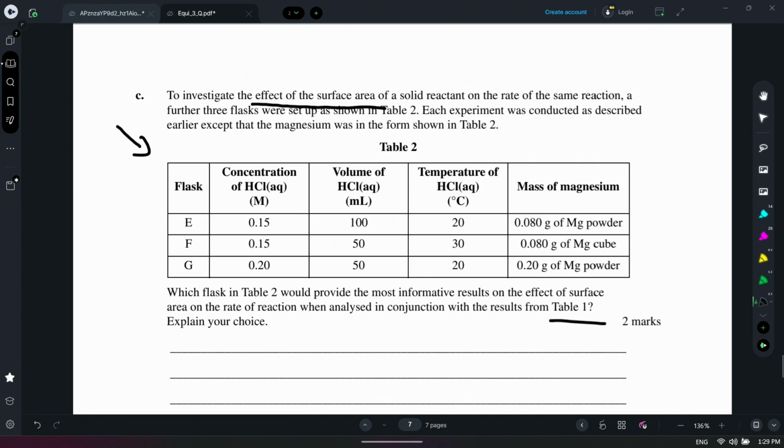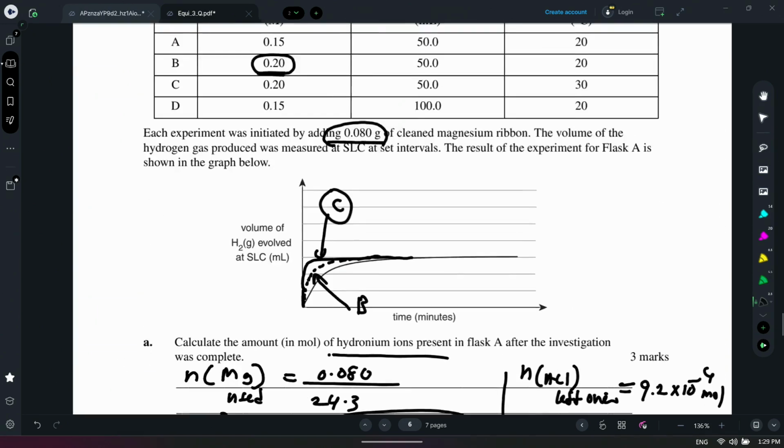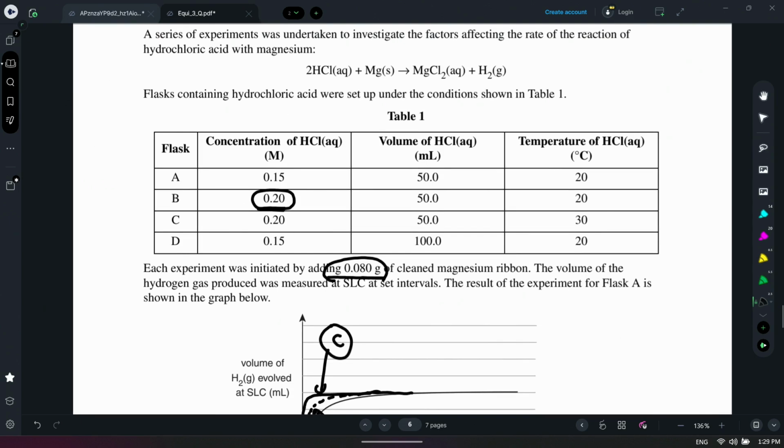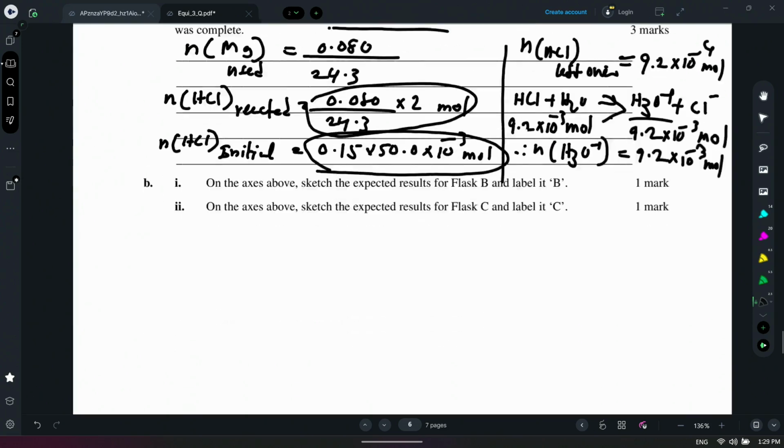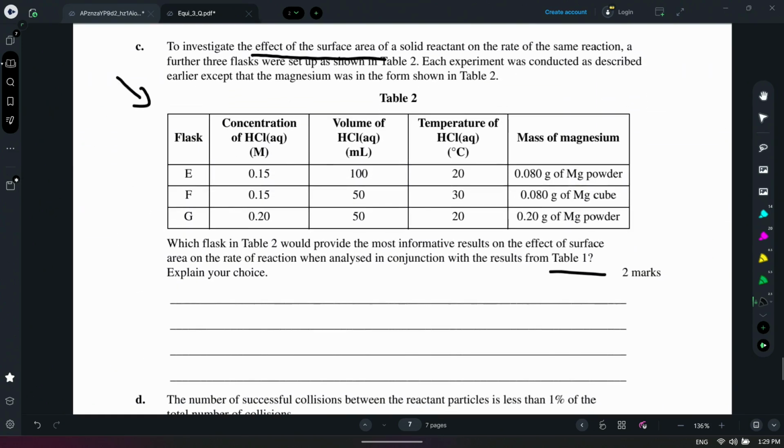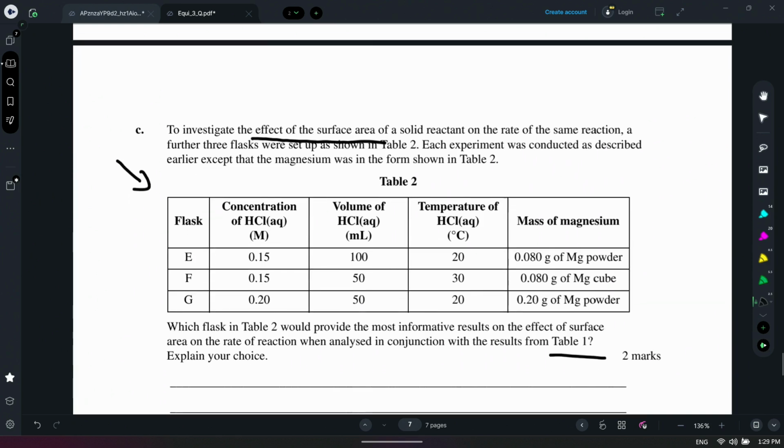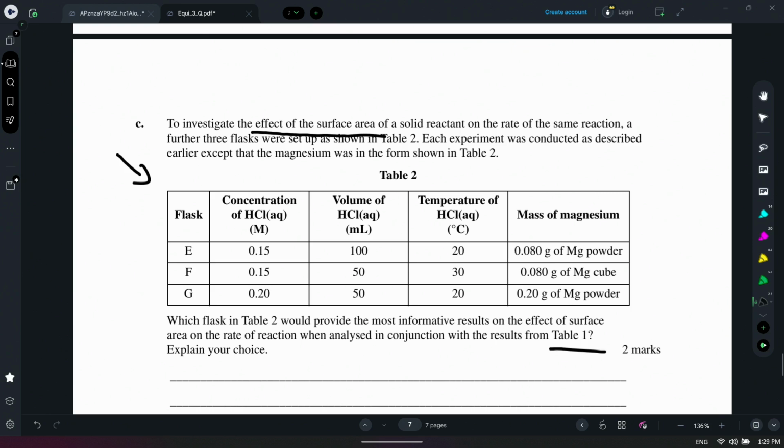a powder. So this time you should use a powder, because table 1 is based on magnesium as a ribbon, which is a solid, but it's a ribbon, not a powder. Now, if you are comparing the previous conditions to magnesium powder, because you are trying to investigate how surface area changes, the only thing you have to do is keep the conditions the same. The only condition you should change is the powder surface area.